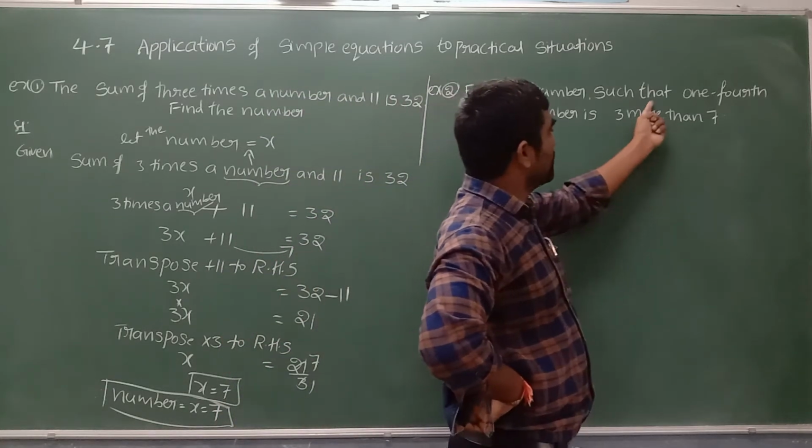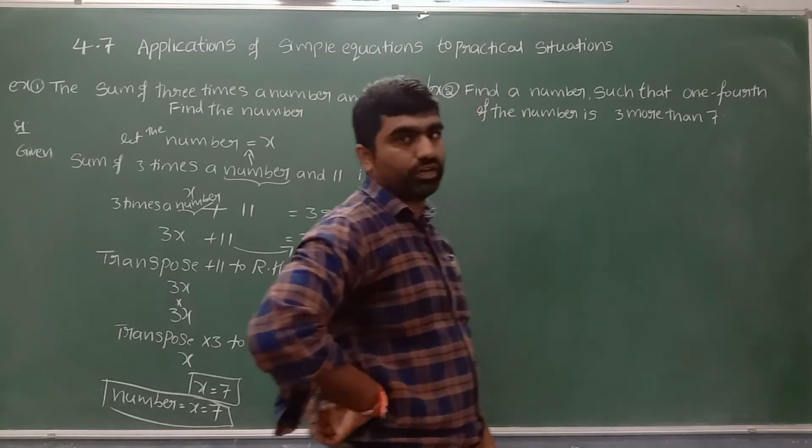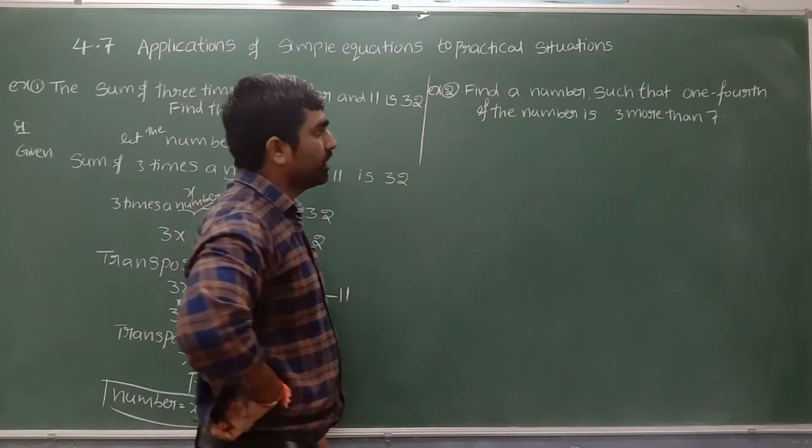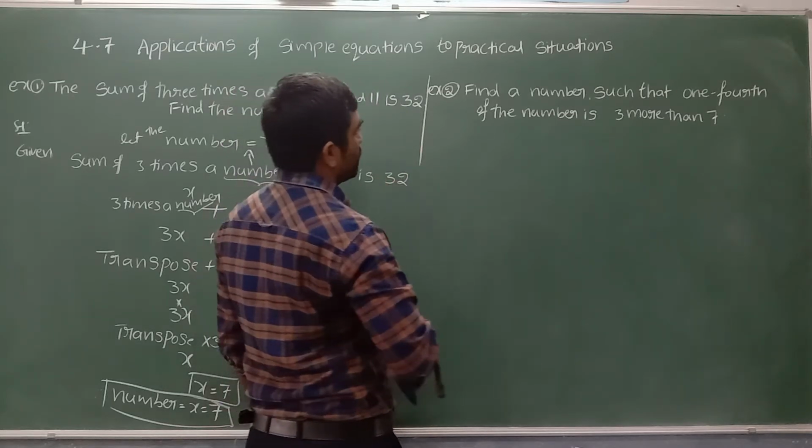Let's see one more example. Find a number such that 1/4 of the number is 3 more than 7. So let me write here now.